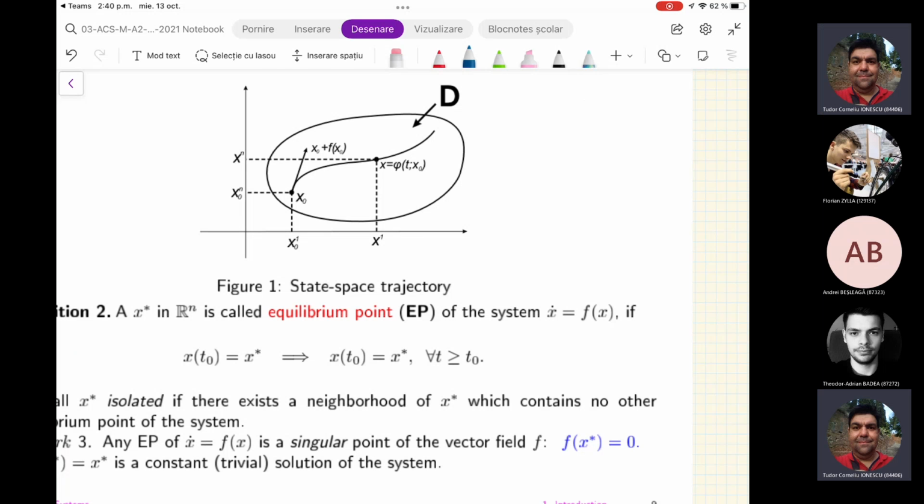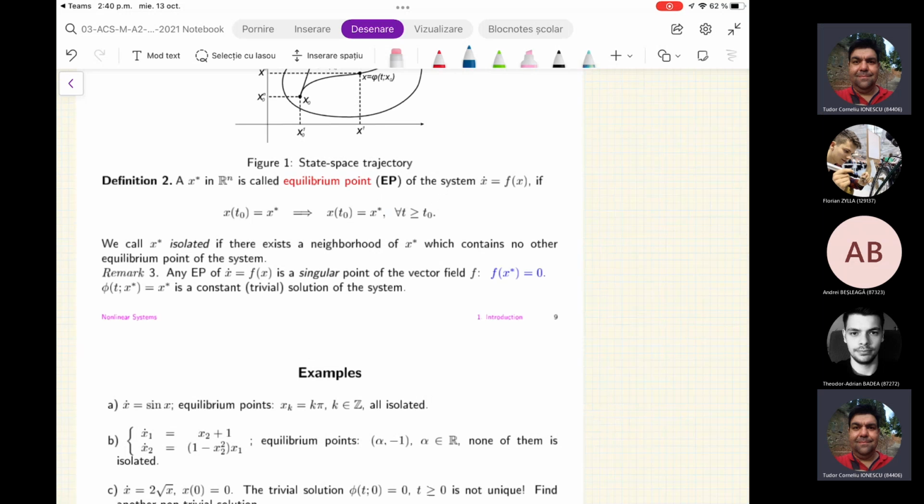The second important definition for a nonlinear system is the equilibrium point. The equilibrium point of the system x dot is f of x is a point x star satisfying the following property: x at t naught is x star implies x at t is x star for all t larger than t naught.